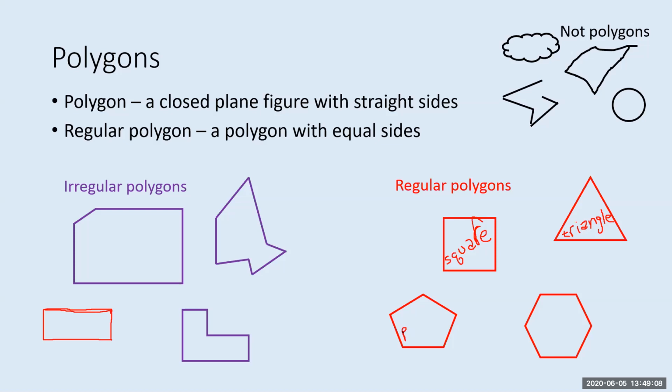You might see that word pop up occasionally in different problems. It just means a five-sided shape. So a regular pentagon is a five-sided shape where all sides are the same. And next to that, we've got a six-sided shape where each side is the same, and that's called a hexagon.